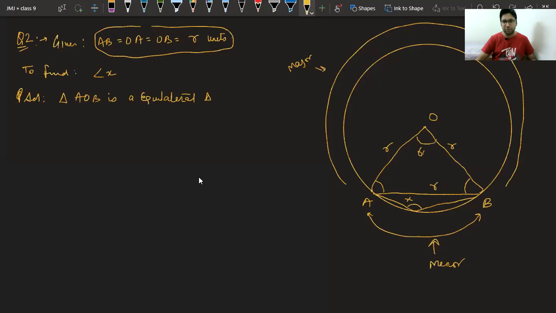Yes, this is 60, this is 60, and this is 60, and we are happy. After this, can I say this x is 30 degrees? Class, we have learned that angle made by an arc at the center is twice the angle made by it on the remaining part of the circle. Can we say that this x is 30 degrees, half of 60 degrees? Can we say? Please tell.